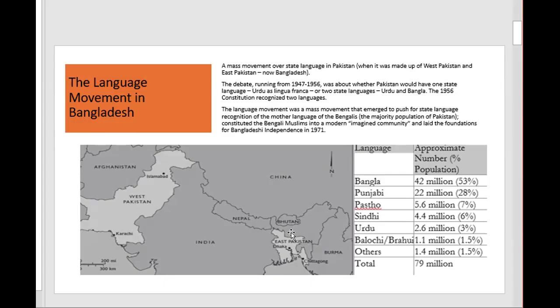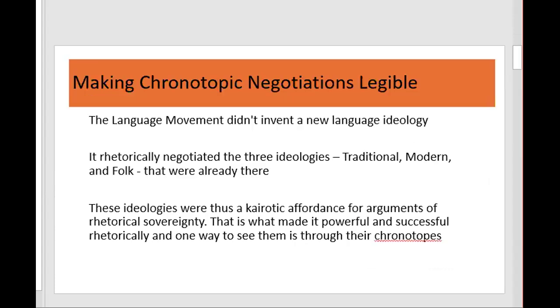So this is some of the arguments in the literature, that the people came to see themselves from being Bengali Muslims to Muslim Bengalis and a nation in the modern concept of the word through this movement from 1947 to 56. And then it became a full-fledged independent nation in 71, 14 years after this thing ended. So that was the historical background.